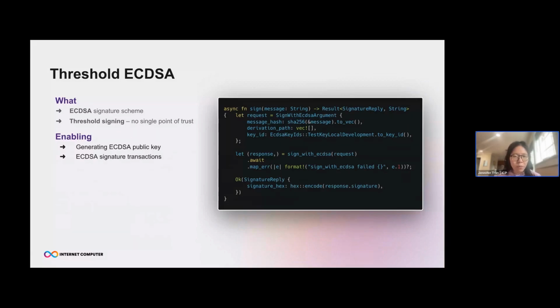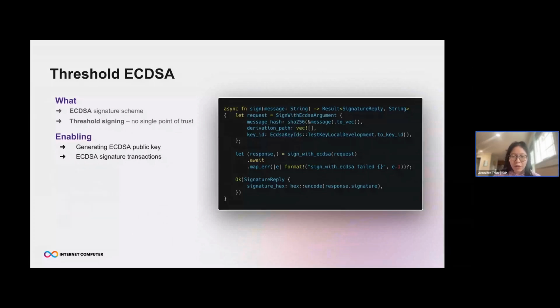We have exposed a couple of functions that you can call to create an ECDSA public key, and then you can construct a signature. For example, here is a sign function where you can call the sign with ECDSA function and then construct your signature.